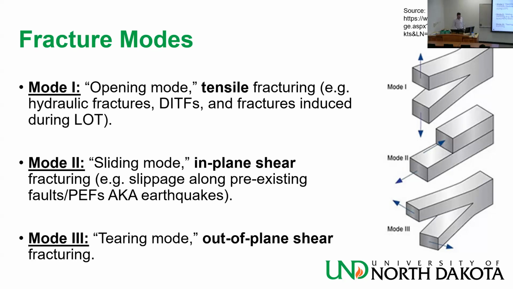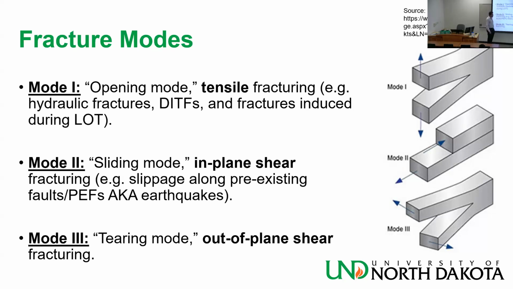You have a little bit of all of them, a combination of all three, but one kind may be very small. For instance, when you have strike slip faulting, the edges are basically mode three. Hydraulic fracturing is mode one, but on the walls of the fractures, you have mode two.